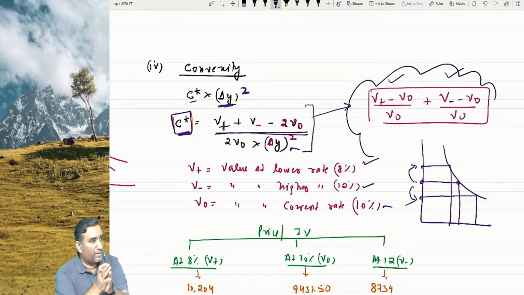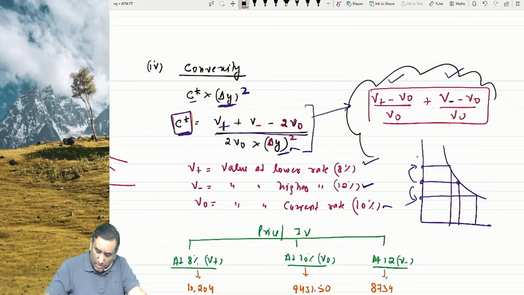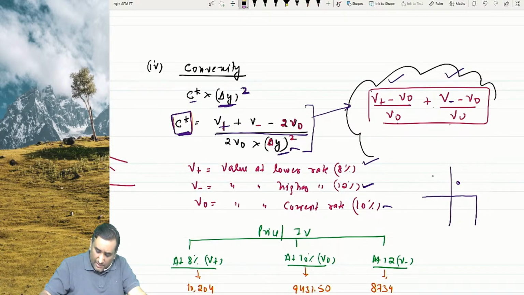You combine them together, it becomes V1 plus V minus, where V minus is the value at a higher rate, divided by 2V0. Since it's a double change in the calculus function, change R comes out. At least two values we have already calculated.